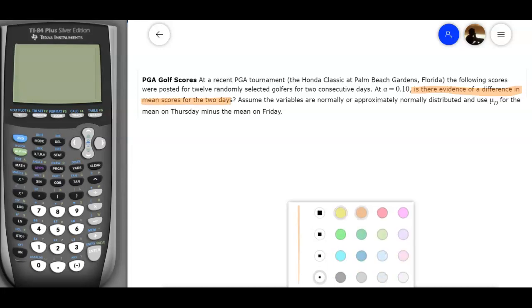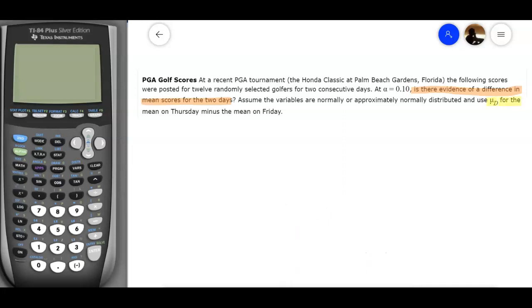And they tell you here we're going to use mu d, which is the mean on Tuesday minus the mean on Friday. And you're given the alpha.